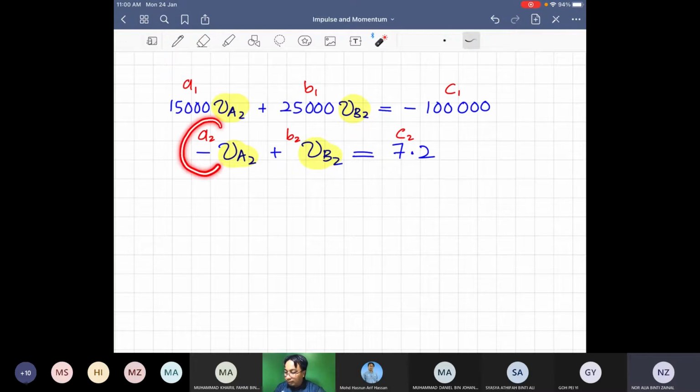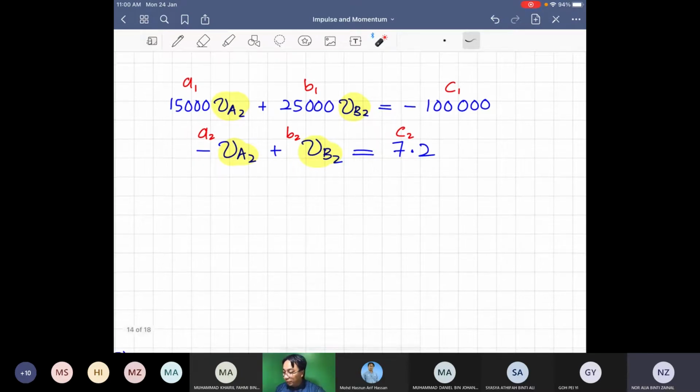A2 here is this one, negative 1. The 1 is not visible, but actually there is a negative 1 here. So write negative 1. B2 is here, which is actually 1. Not visible either, so write 1. And C2 is 7.2.